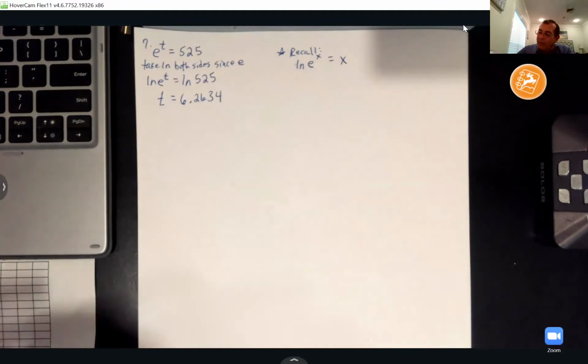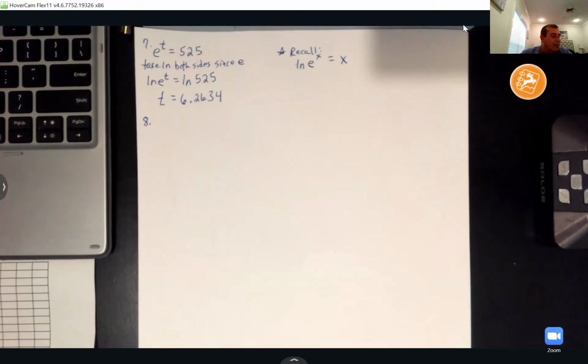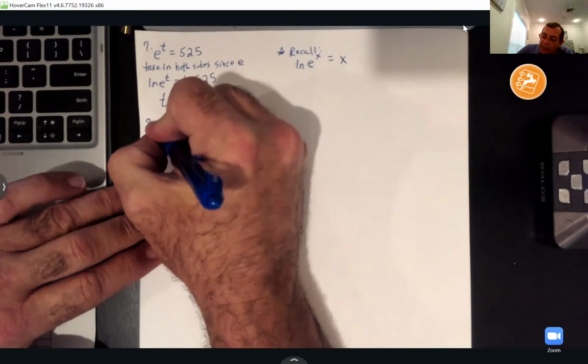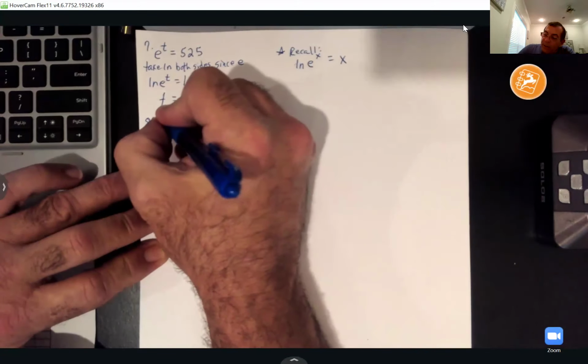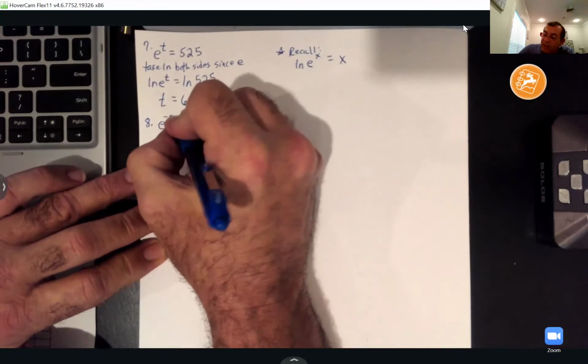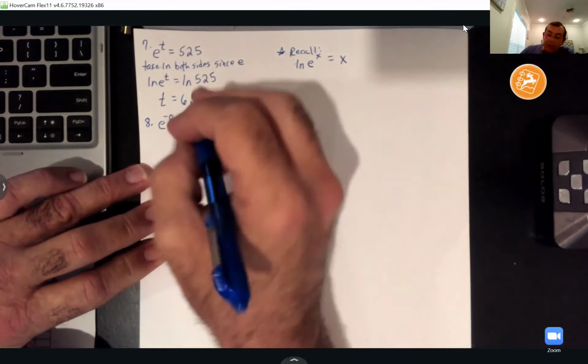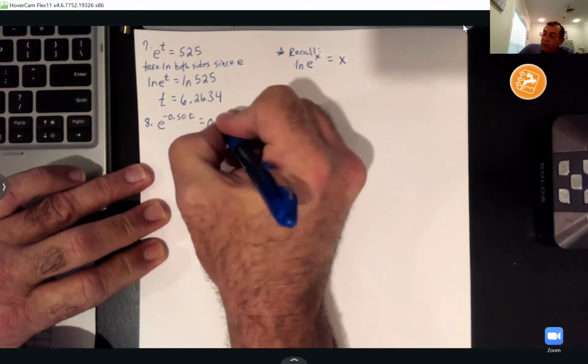All right, so number 8, e to the negative 0.50t is going to equal 0.30.